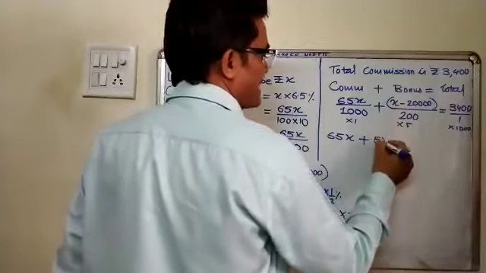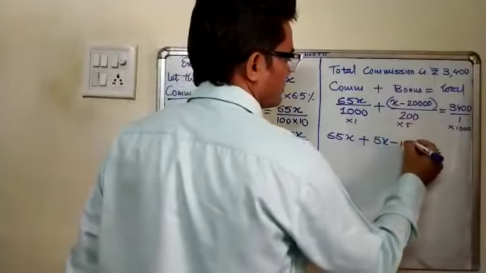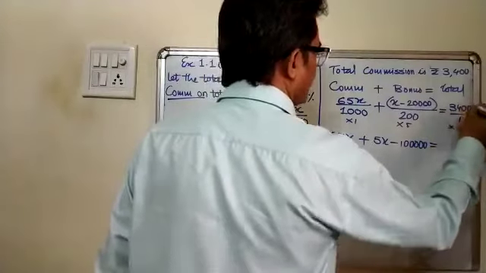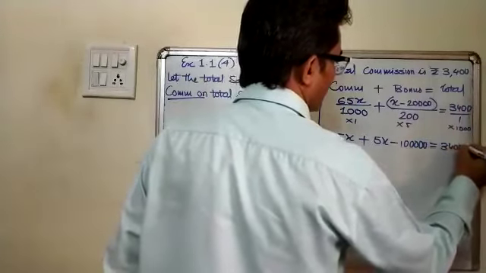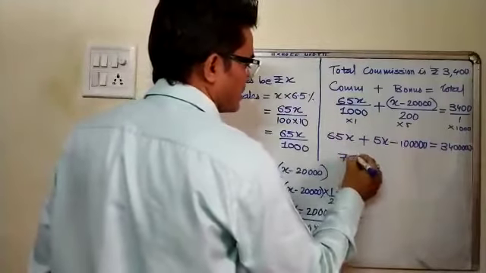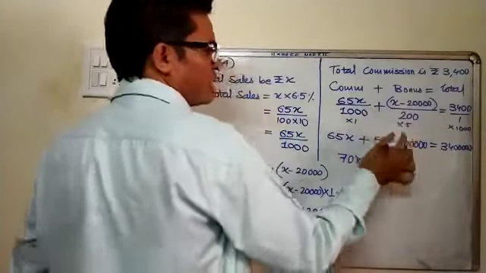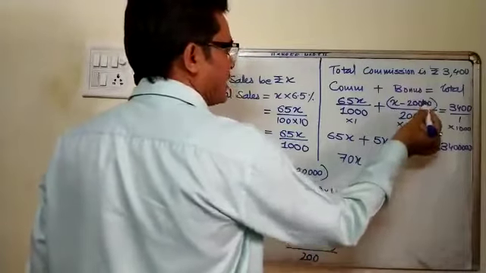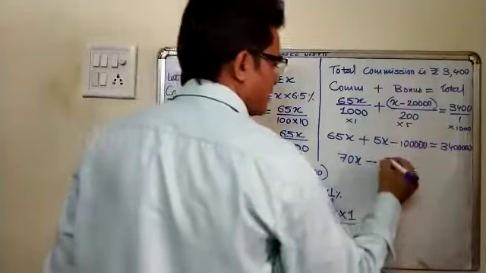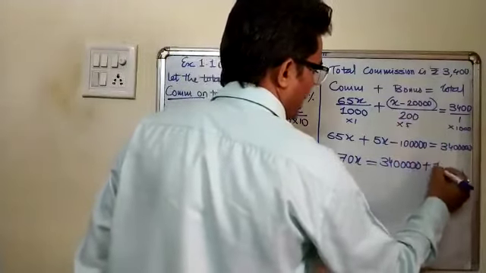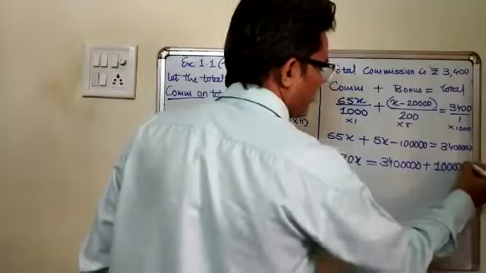So 5x minus, and 3400 into 1000. 65 plus 5, 70x. What do we do? See, we are doing here 5 into x, 5x, 20 into 5 is 1 lakh. So 34 lakhs plus 1 lakh.